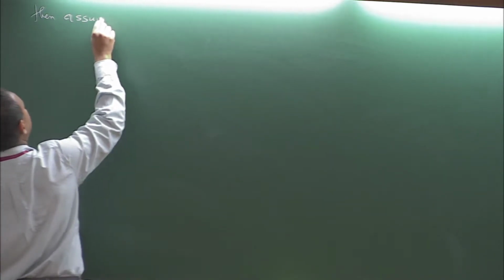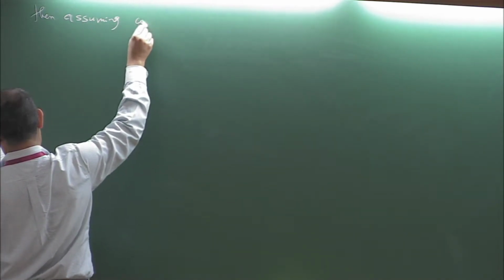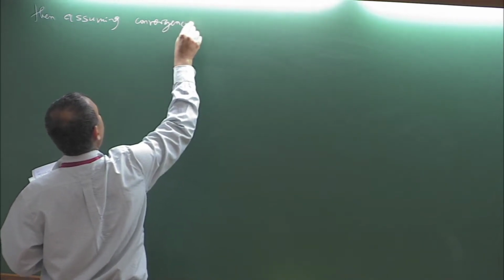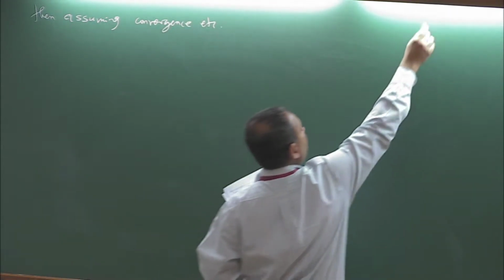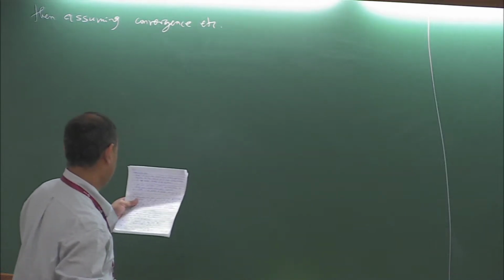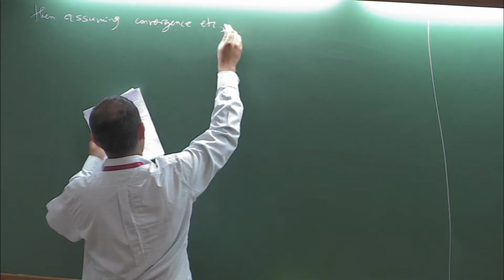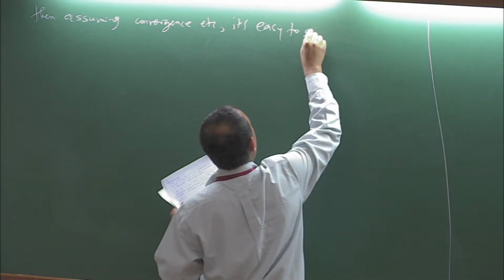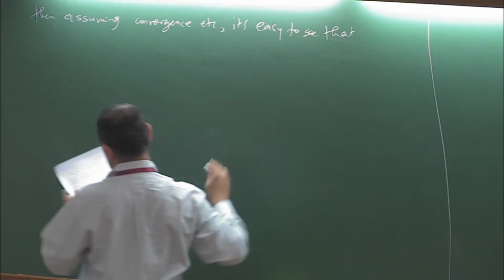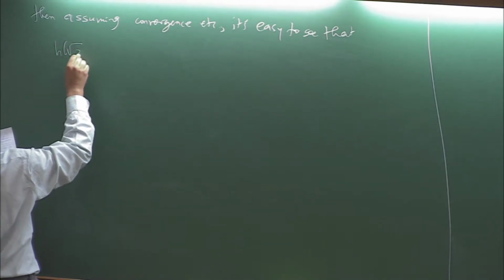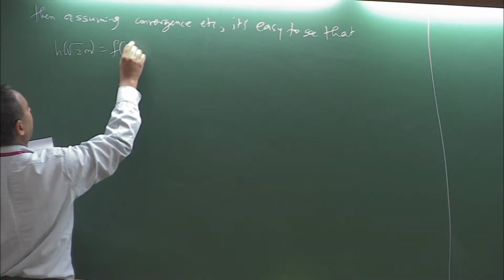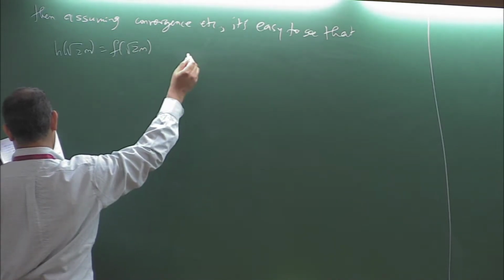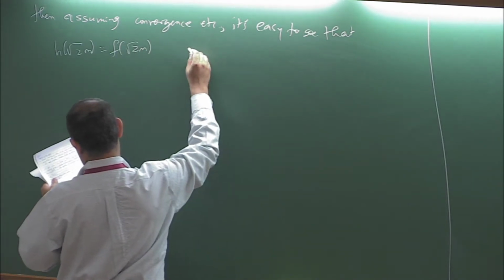Okay, so then in that setup, assuming convergence, etc., for which at the moment let me wave my hands, but of course you have to check everything very carefully, it's easy to see that h of root 2m equals f of the square root of 2m for all m.